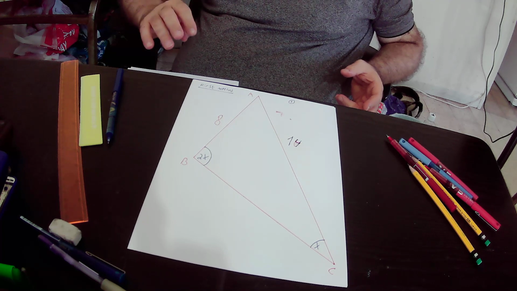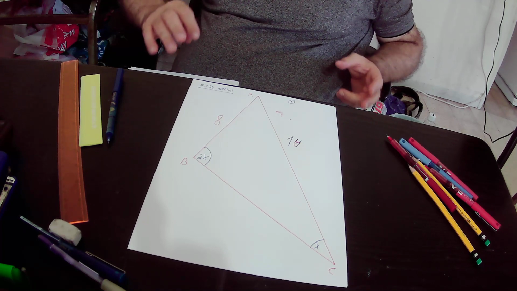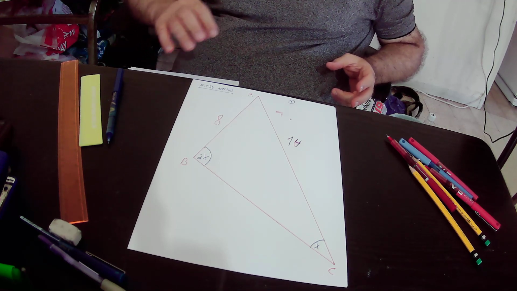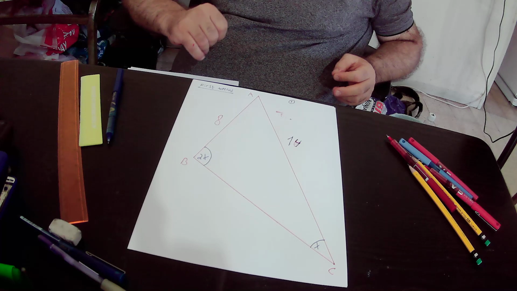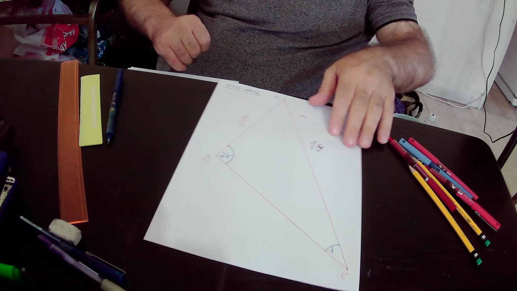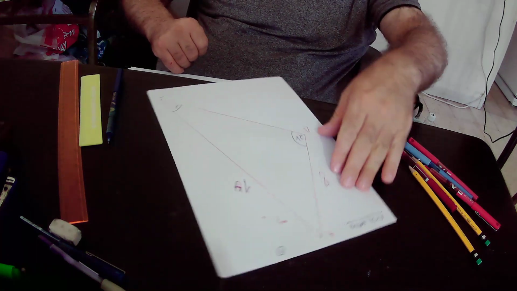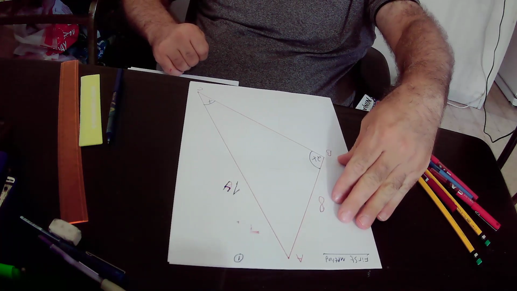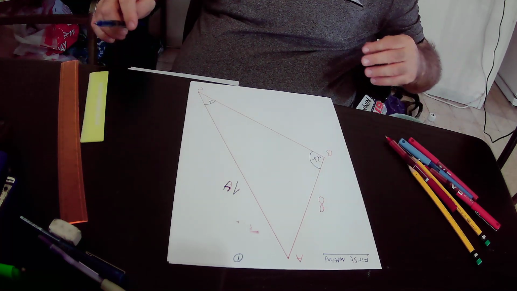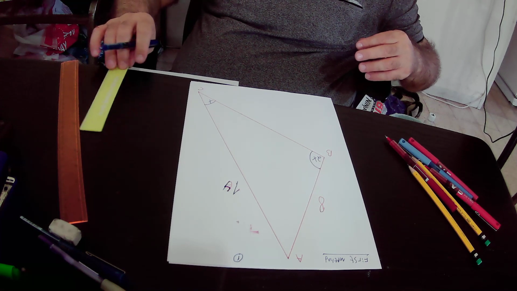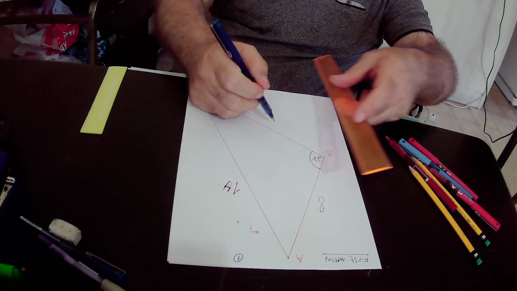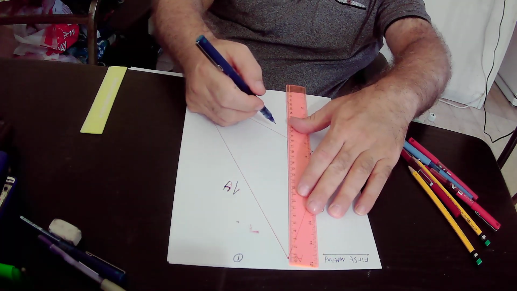So I will present you the first method to find the area of triangle ABC. Okay, so first of all, we will draw line segment AD in such a way.